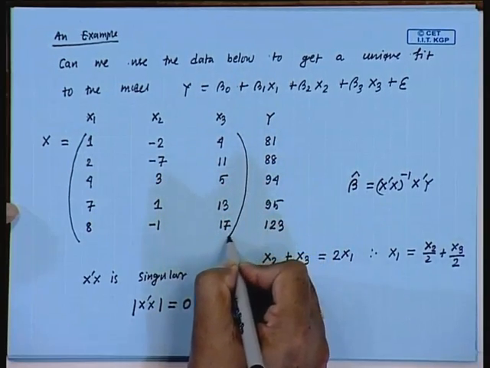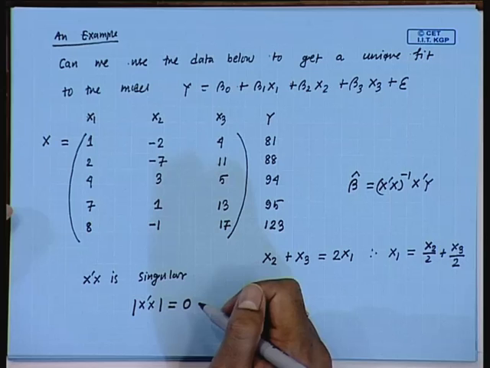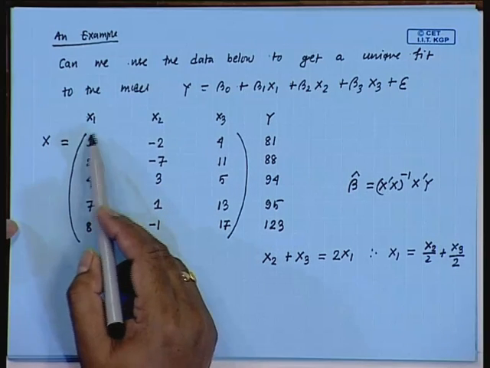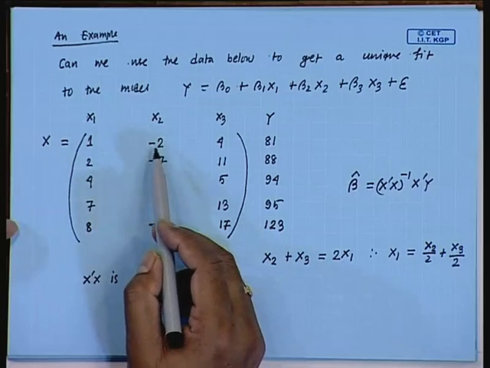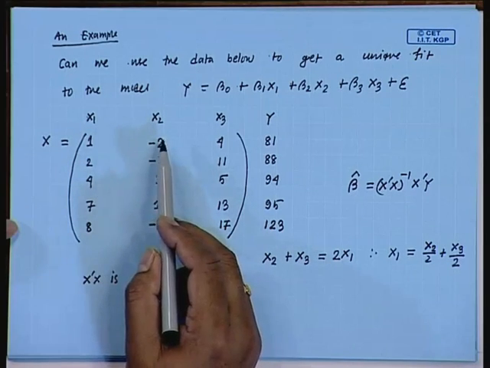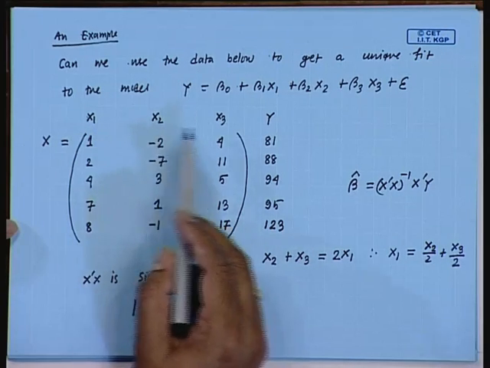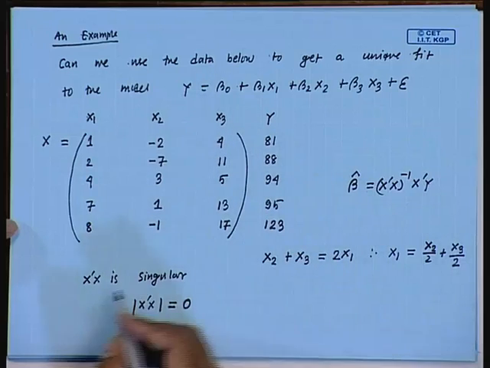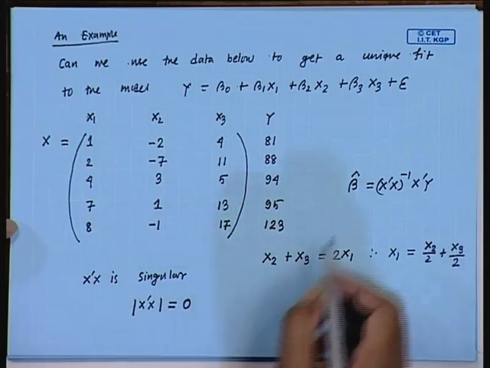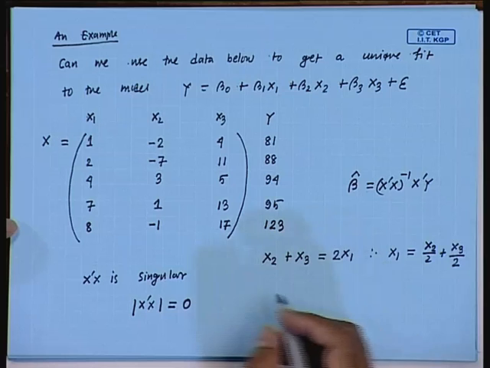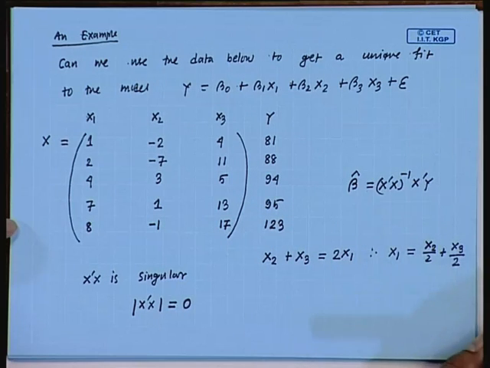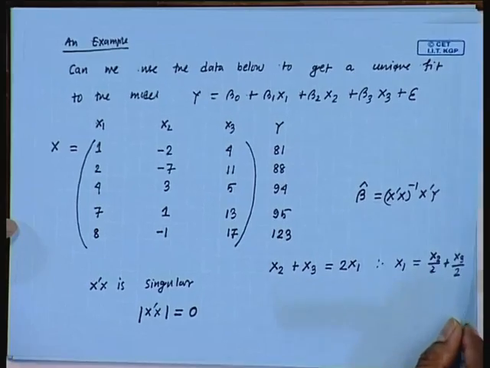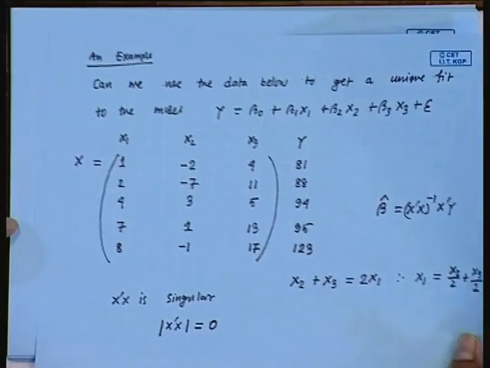Here one column, for example the first column, can be written as a linear combination of x2 and x3. So that's why X prime X is singular, and the problem of multicollinearity exists here. Okay. So next we'll be talking about the effect of multicollinearity.